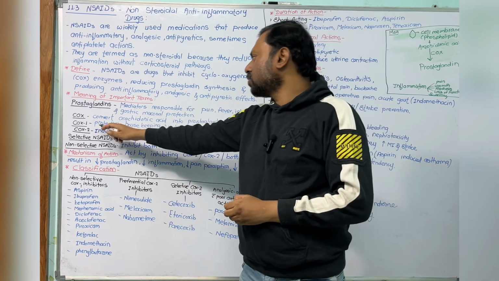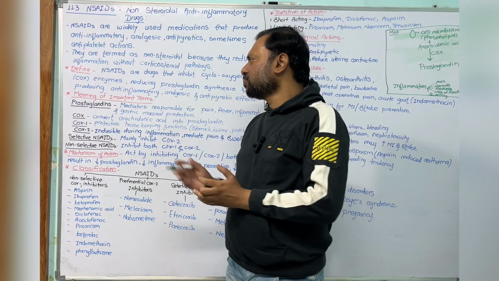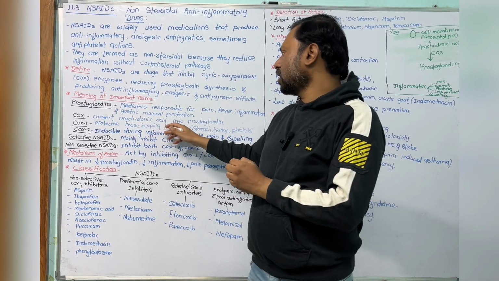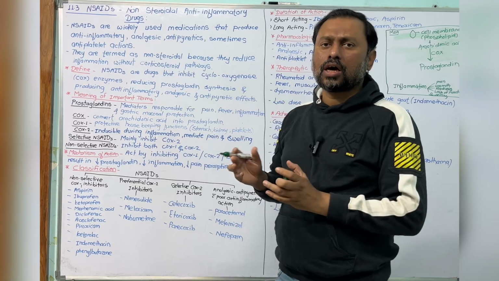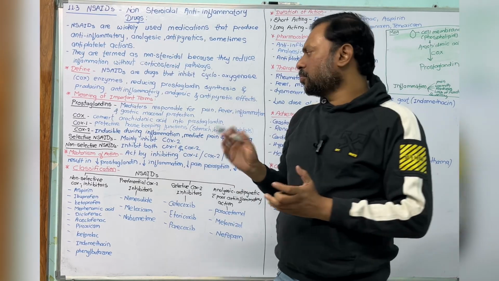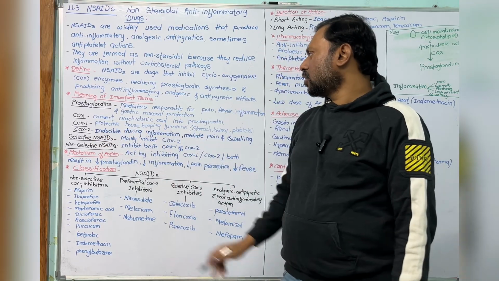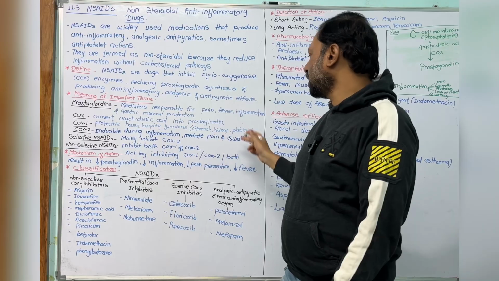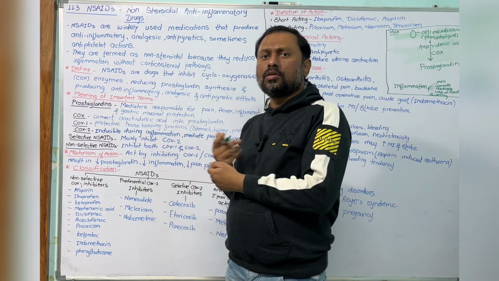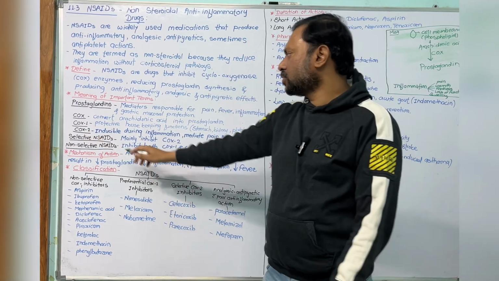COX-1 protects housekeeping functions of the stomach, kidney, and platelet. It means COX-1 protects the housekeeping function of the stomach layer, the kidney, and platelets. Next, COX-2 is inducible during inflammation and mediates pain and swelling. Whenever pain is produced, the main reason is the COX-2 enzyme.